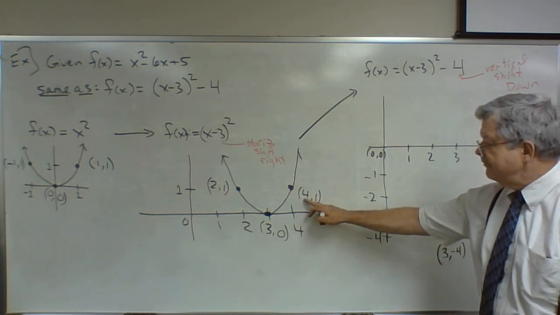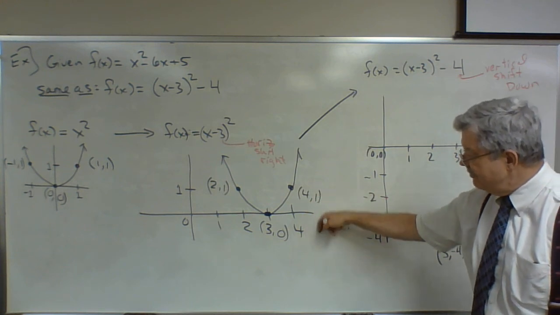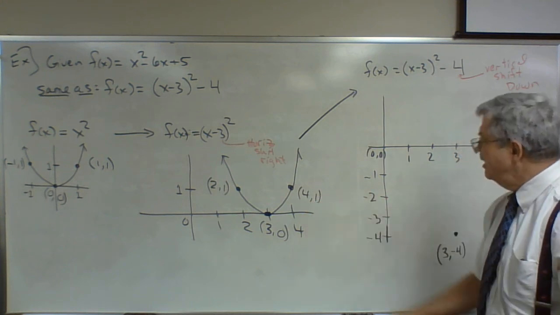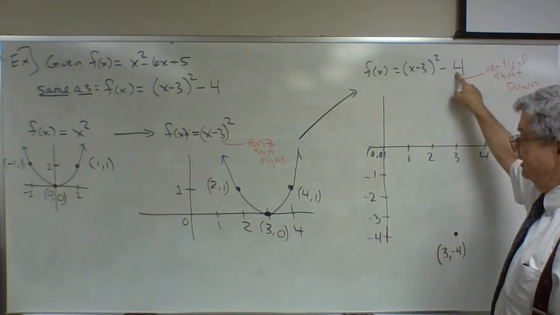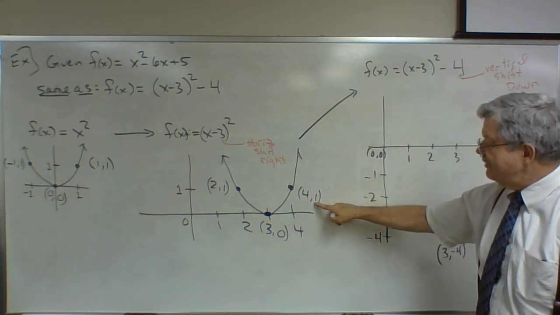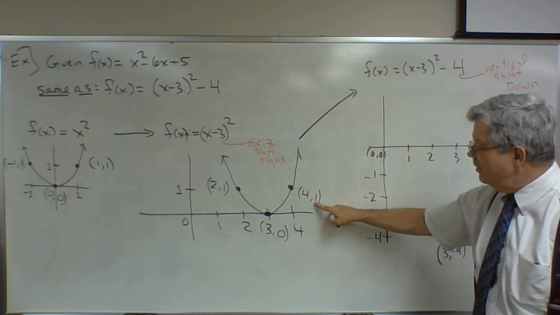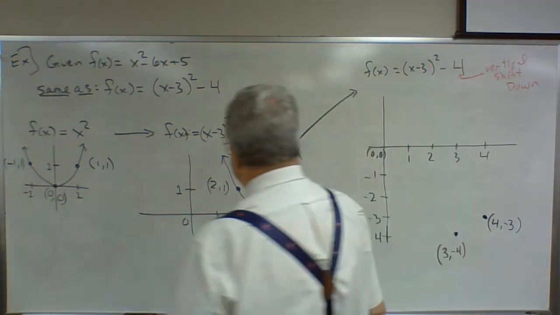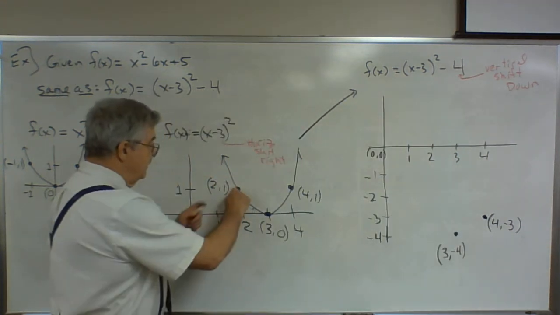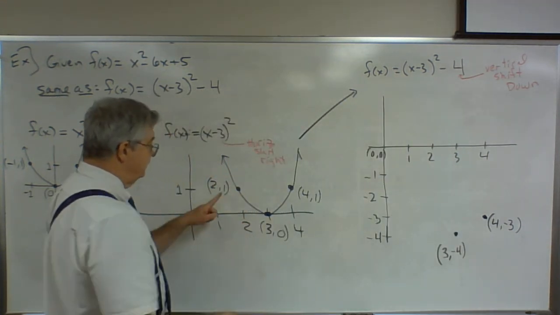This point gets moved down 3 units. No, I'm sorry, it gets moved down 4 units. Subtract 4 units from y equal 1, we get y equal -3. And similarly, this point gets moved down 4 units.